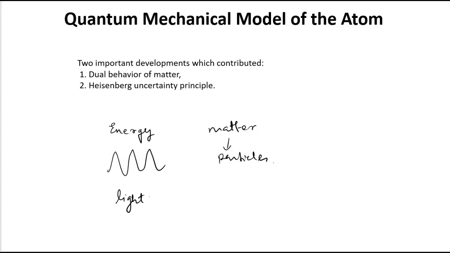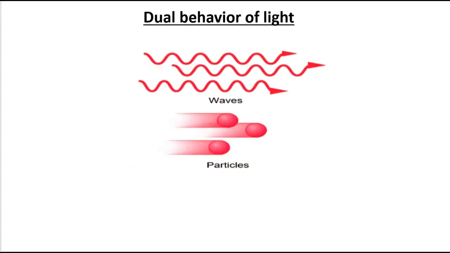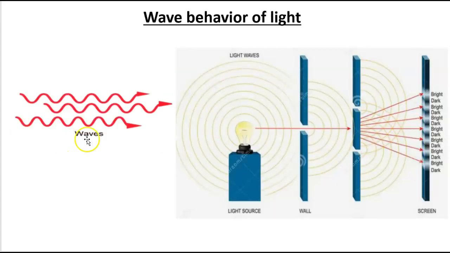Max Planck was the first person to say that light does not only exist as a wave, but also behaves in the form of particles. So light shows dual behavior. It exists in the form of waves and also in the form of particles. Now, for anything to be wave-like, it should give an interference pattern when passed through a double slit.